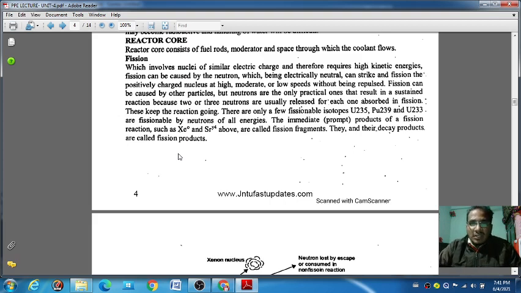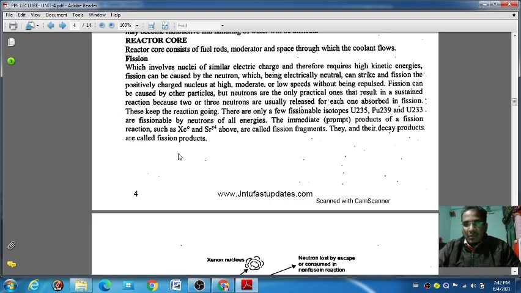Here, in the reaction, two or three neutrons are usually released for each one absorbed. While the fission process goes on, two or three neutrons will be released and the reaction will keep going.